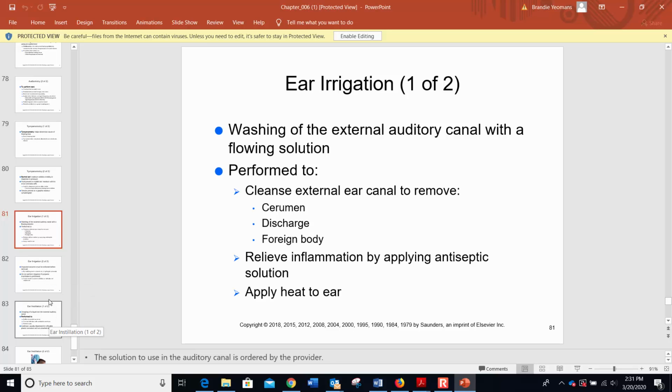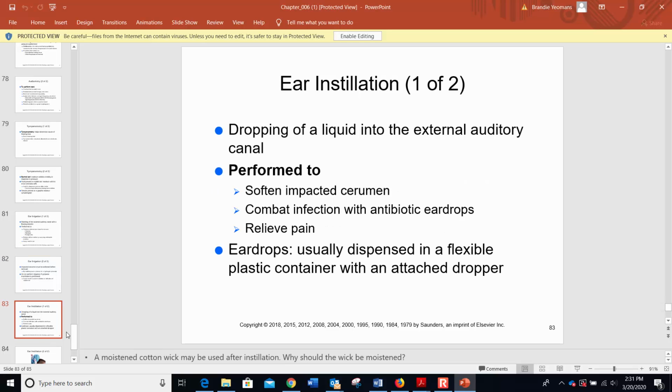If you're going to instill drops into a patient's ear, the reasons we would do that is to try to soften up some cerumen so we can get it out. Maybe they have an infection and we need to put those in there to heal the infection, or maybe they're having some pain.